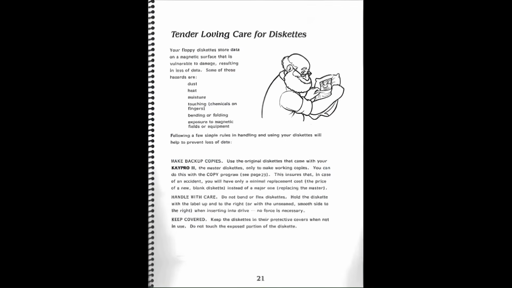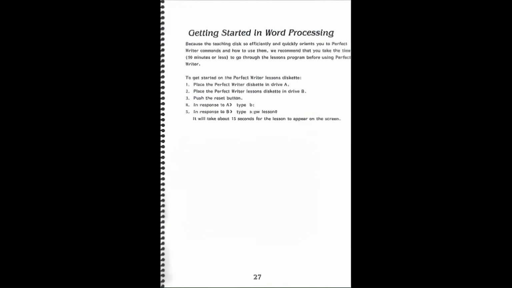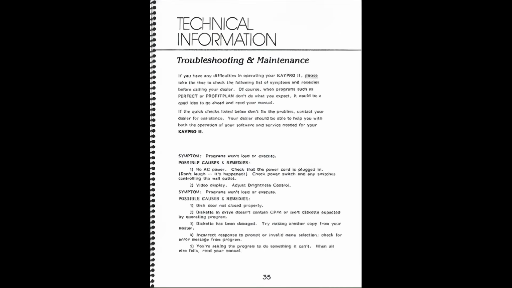A little on the care and maintenance of diskettes, and for a lot of people this would be the first time they'd come across diskettes, so some important information. How to get started in some of the basic tasks like word processing or spreadsheet work. S-Basic if you want to do some programming.